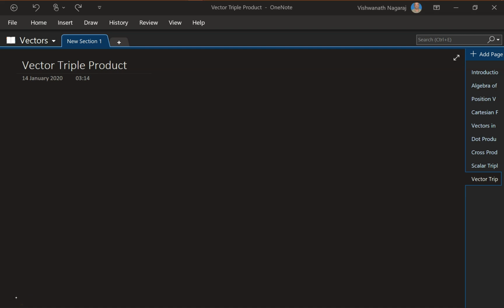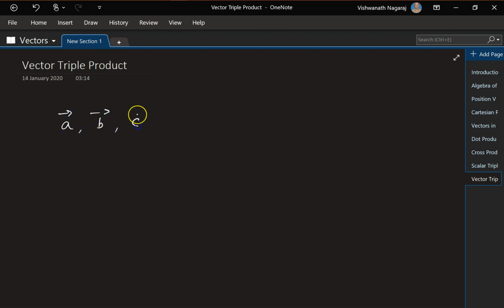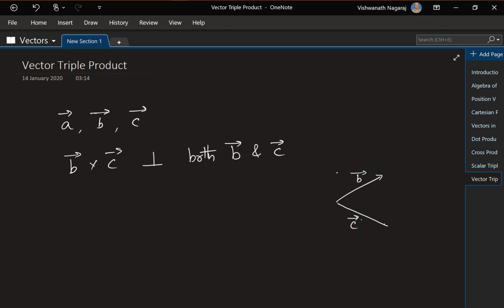Vector triple product. Let's say we have three vectors A, B and C. Now we know B cross C is perpendicular to both B and C. So let's say this is B and this is C. So this would be B cross C, perpendicular to both.